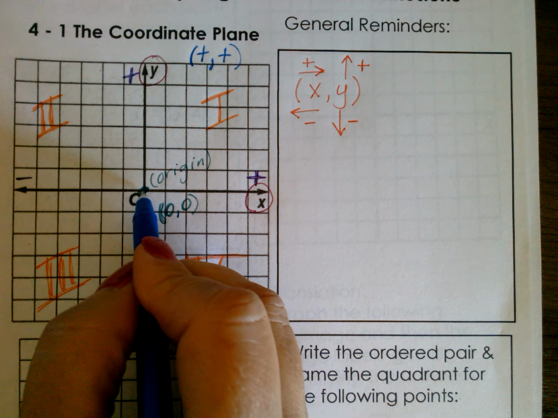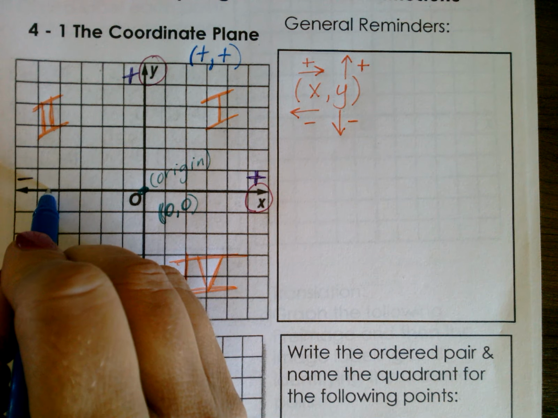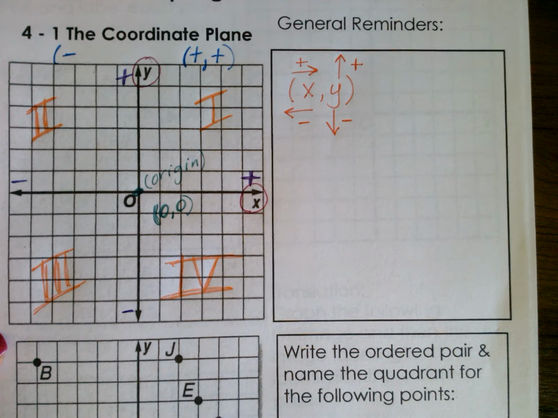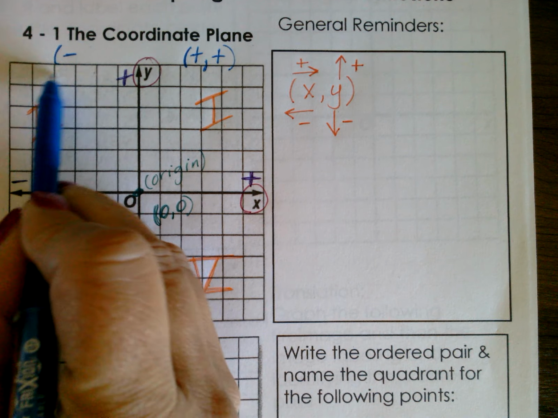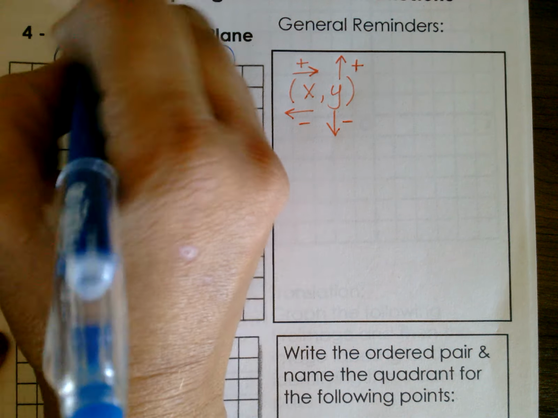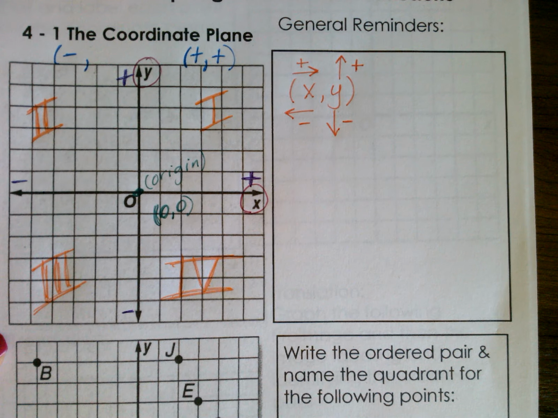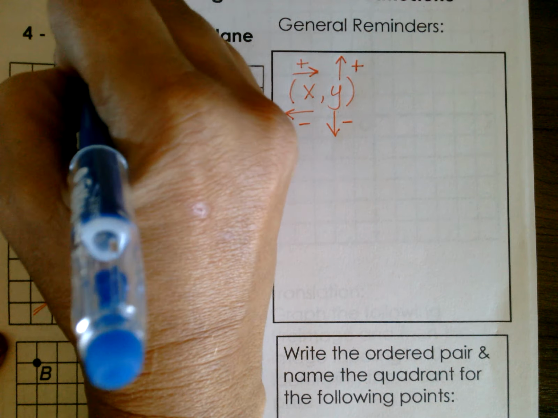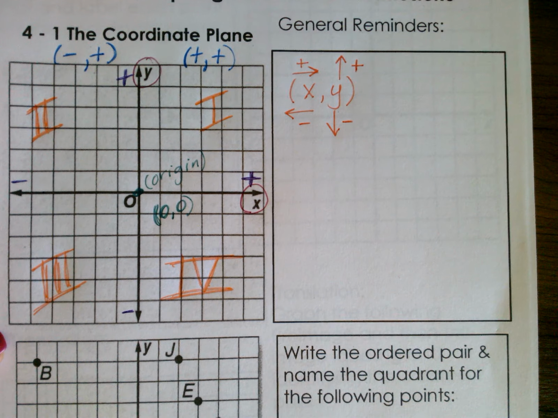To get to the second quadrant, I would start at the origin and I would move left. That means the X would be what kind of number? Negative. But to get the point to land here, I must have moved up, so the Y would be a positive number.